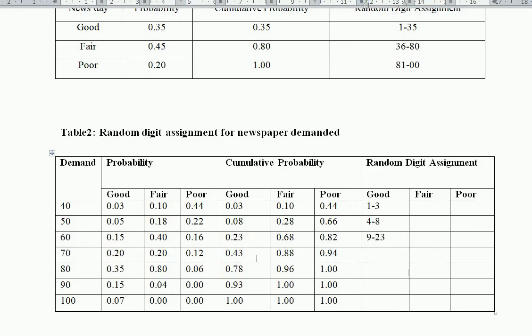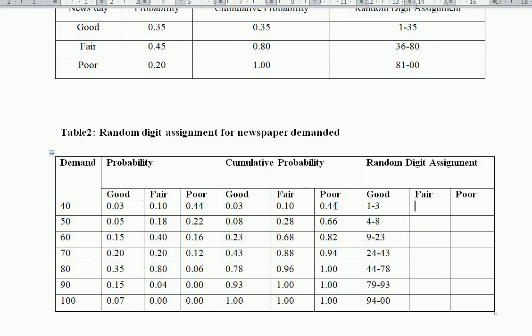Again, the next value we have is 43, so the next range is 24 to 43. Here we have 44 to 78. Again, we have 79 to 93. Again, the next range is from 94 to 00. This is the random digit assignment for good news day.